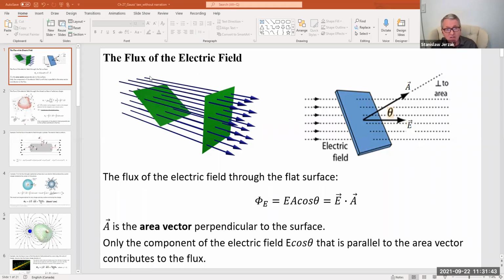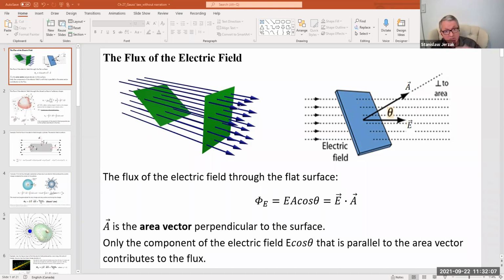But the concept of the flux of electric field and magnetic field is very analogous. So imagine that we have here the electric field, and that electric field is represented by these vectors, by these arrows, and we have certain area represented by that green color. Maybe this is a square area. And as you see, that electric field passes through that green area.